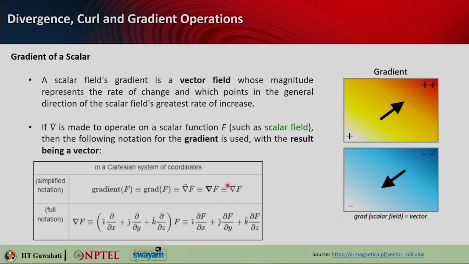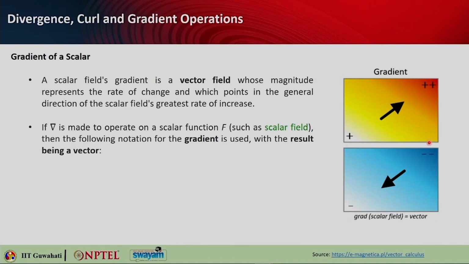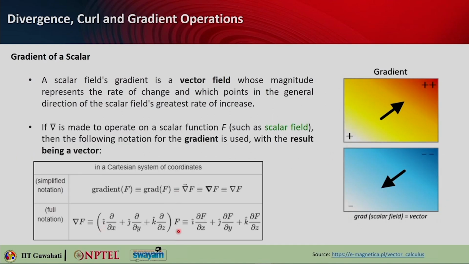How do you read it? It is called grad f, gradient of f. You are basically taking help of the nabla operator for writing this. When you do this gradient of f, how does it work? You have this del operator, which, as you have seen in the previous slide, can be written like this. We took it here, and f is a scalar field.